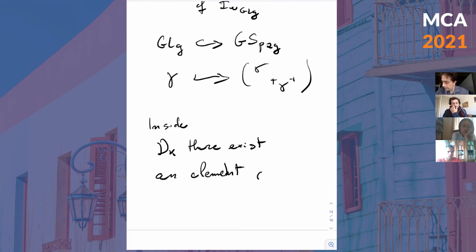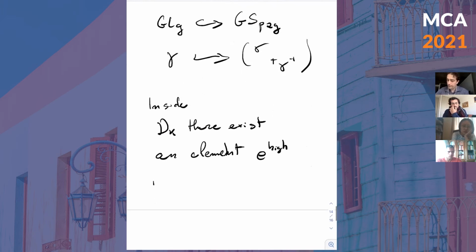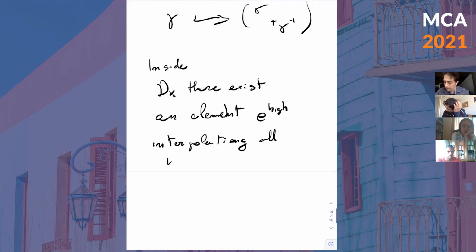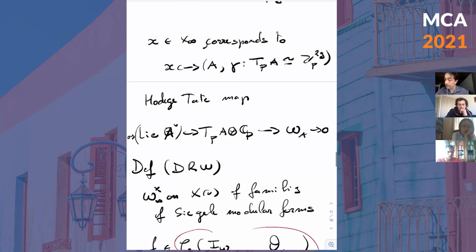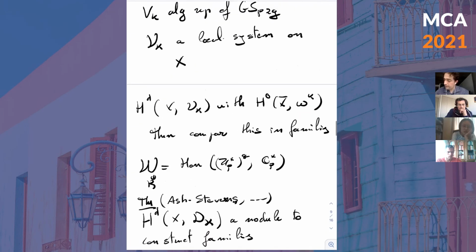that I'm going to call e highest, which is practically interpolating all the highest weight vectors of the representations V_k of GSp_{2g} that were appearing.